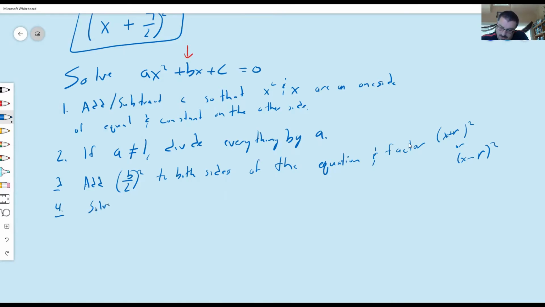And then we solve using the square root method. If you need to pause to jot that down, fine. I'm going to go ahead and do the example.